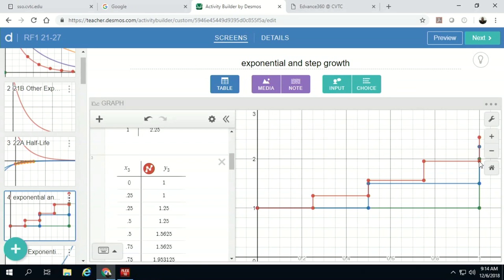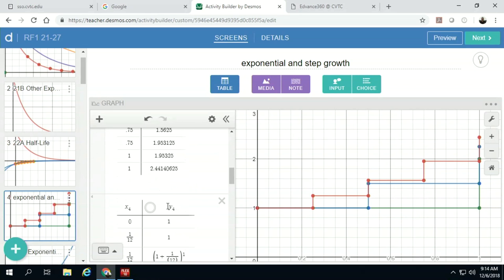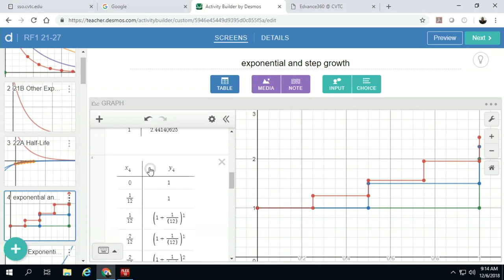Well, let's do the next one. Now, the next one I don't do 8 because that's not a common way to do it. I do 12. Why do you think I compound 12 times? At least for my savings account, it's at the end of every month.